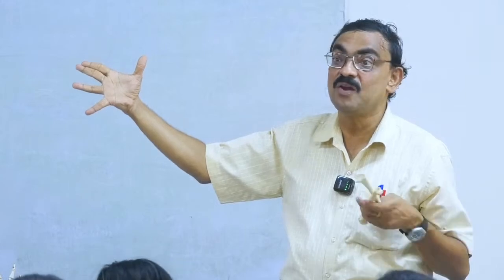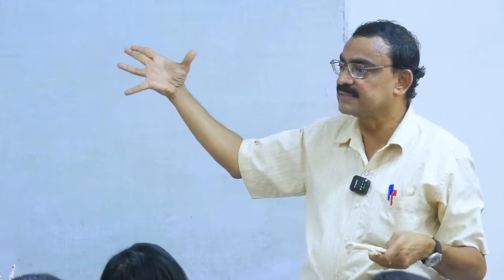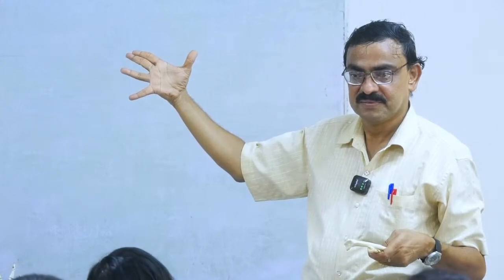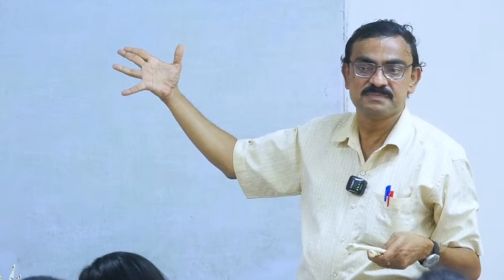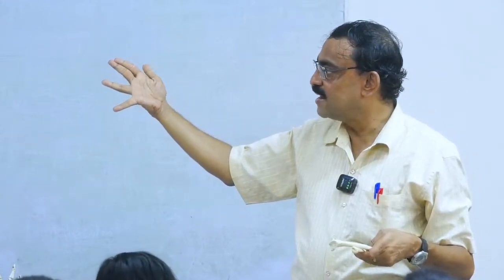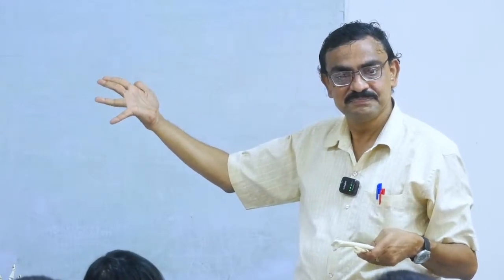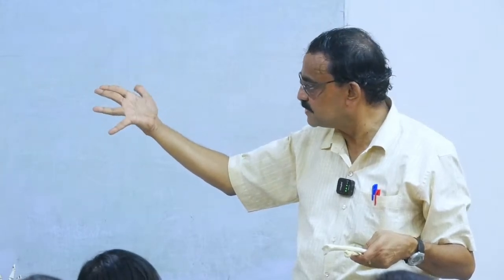There might be a long muscle which is coming from a long distance, which will be called abductor pollicis longus. Similarly, abductor pollicis brevis, and there are extensor pollicis longus and extensor pollicis brevis.